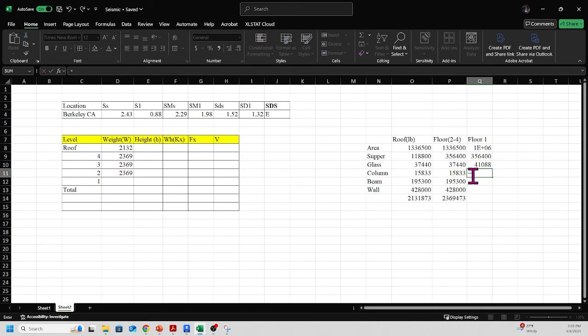so I'm going to basically say equal this number times parentheses 12 divided by 10. Enter. And beam is the same thing.